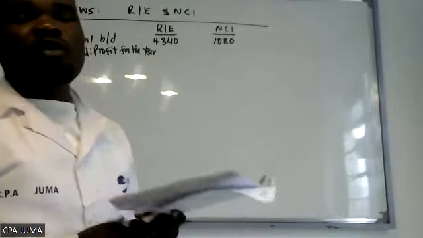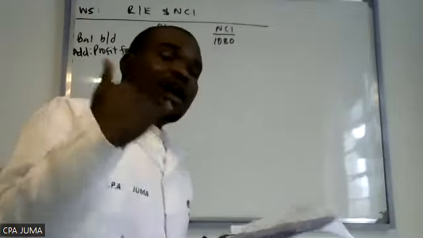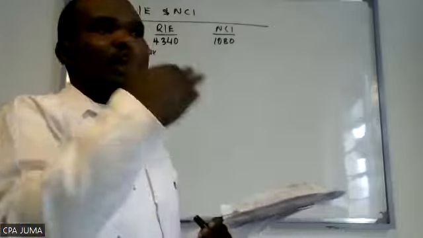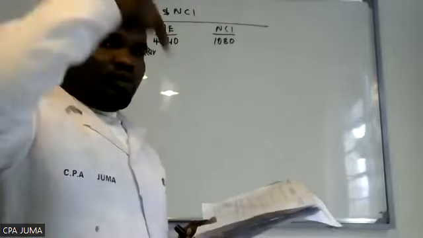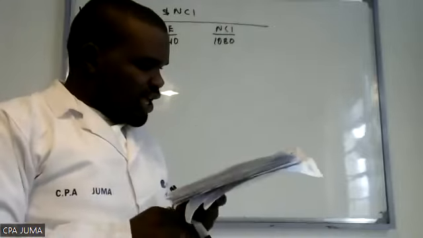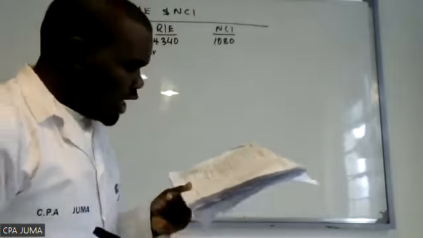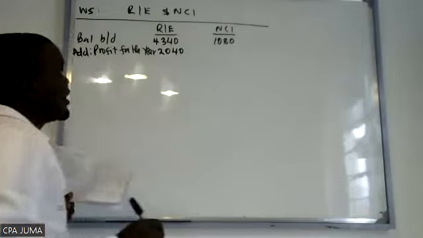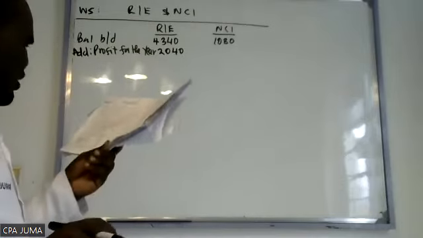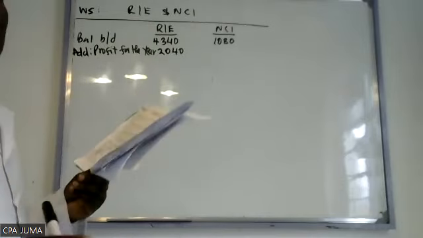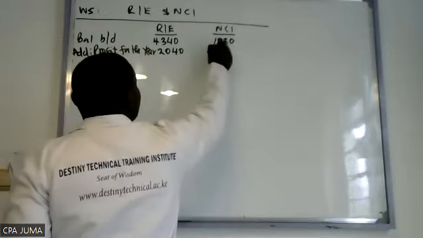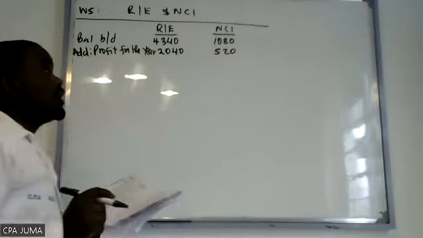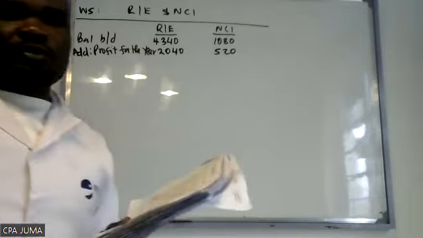Profit for the year, the way we normally do group, once you are done, you share to holding and non-controlling. The last bit of P&L, you will see attributable to the group owners, 2040. So you bring that one here. Group owners is the parent. Then attributable to non-controlling is 520. You also bring it there, 520.